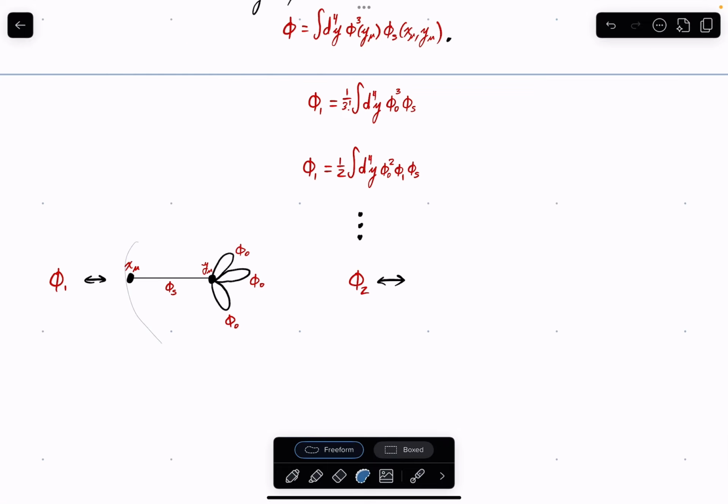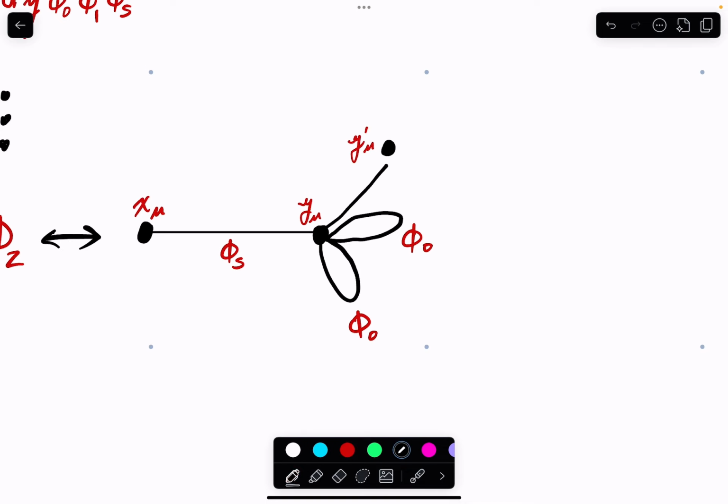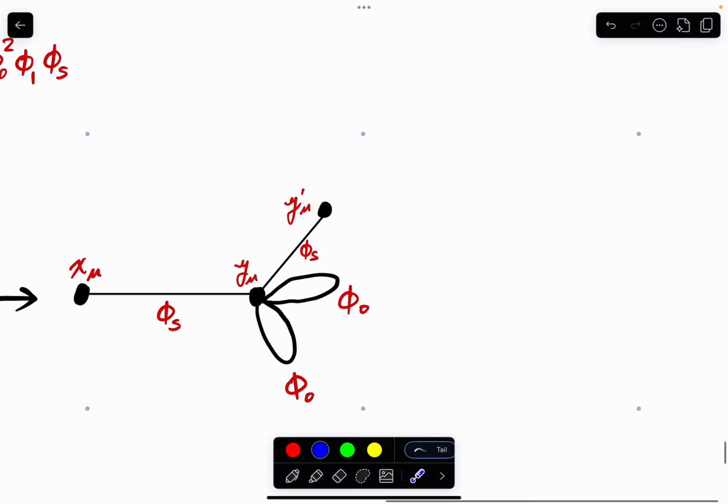You can have this, except instead of this third self-interaction term, you then consider how another point in space, y prime mu, which is connected by this special solution again. So this special solution now connects another point in space to this point in space. And there it says, okay, well, let's consider the three self-interactions here.